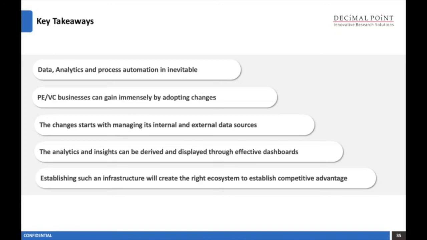Obviously, it will create the right environment for establishing a competitive ecosystem, and preparing the firm to address challenges, not only existing, but also prepare the firm for any future challenges and opportunities.